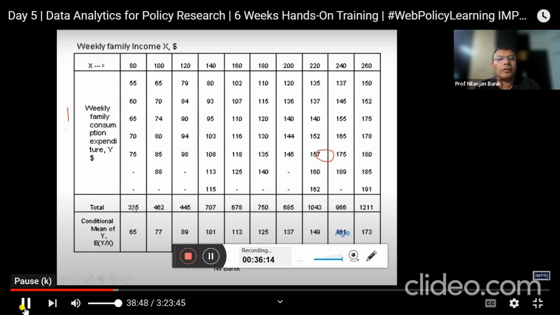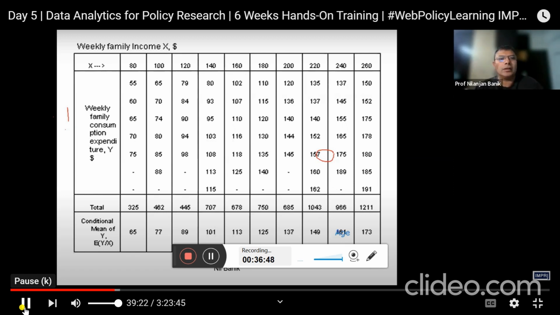For the group in the income bracket of 80, you are collecting data on 5 individuals. Why 5? You are looking at the population and seeing the number of people falling under that particular group, and in proportion to what you see in the population, you are collecting.